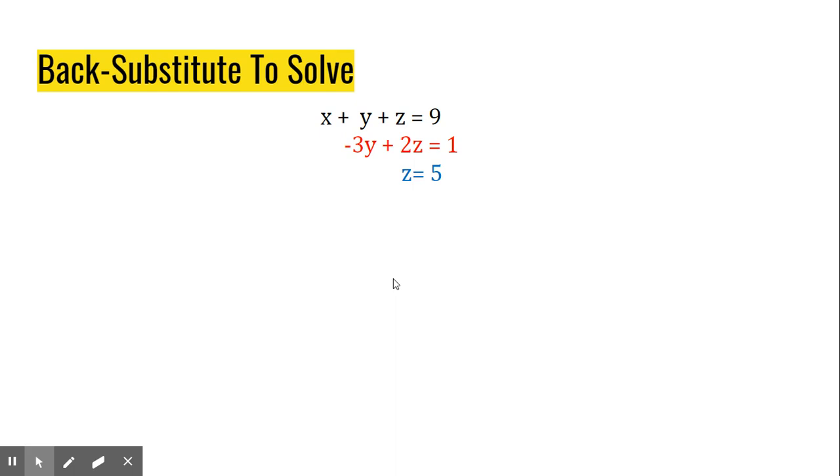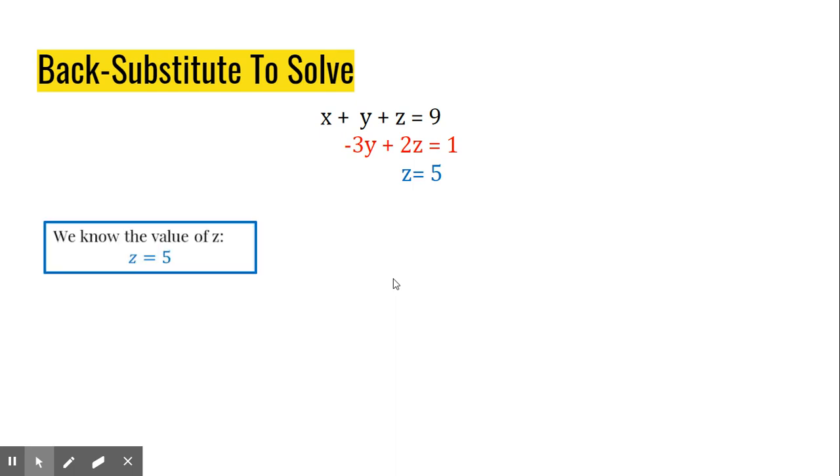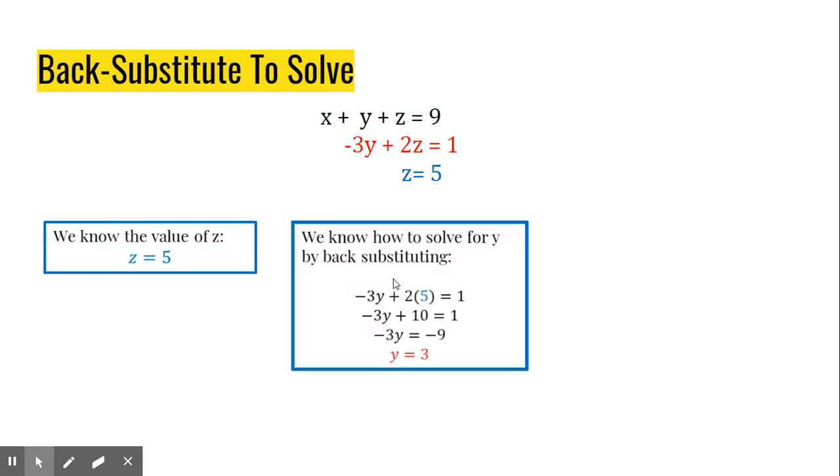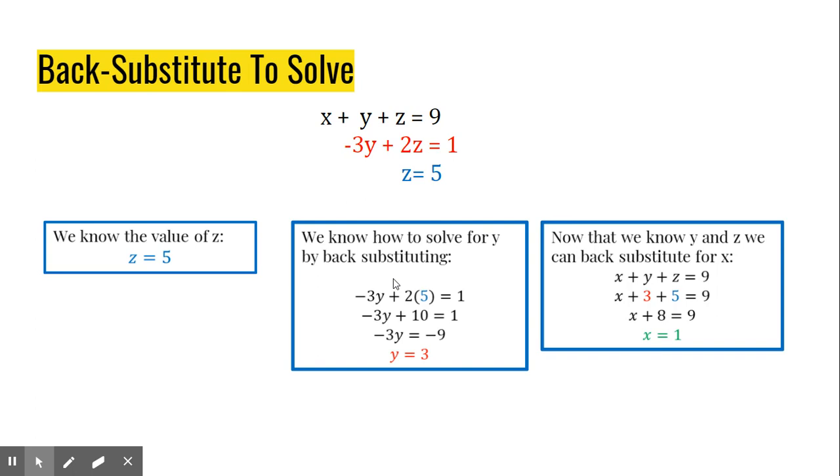I am sure you have noticed that now we have a triangular system. That's easy to solve. I know the value of z. It's 5. And so I can plug z into the second equation and solve for y. And I do that here, and I find out that y is 3. Now that I know both y and z, I can plug them both into my first equation and solve for x.